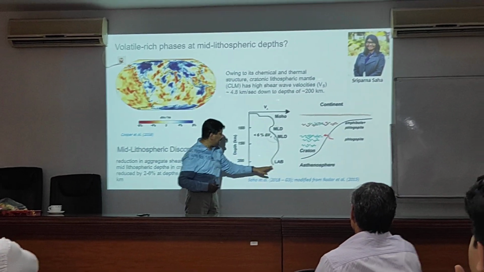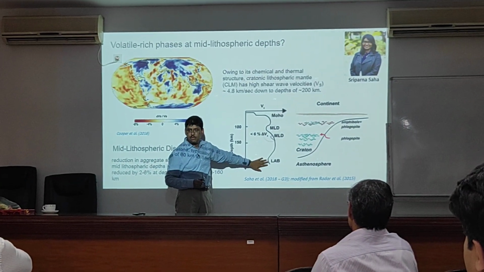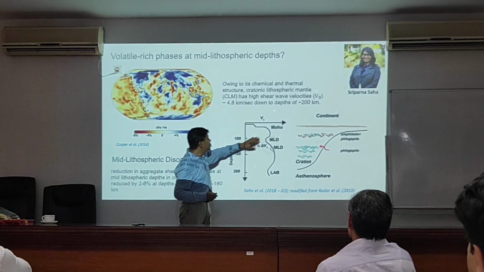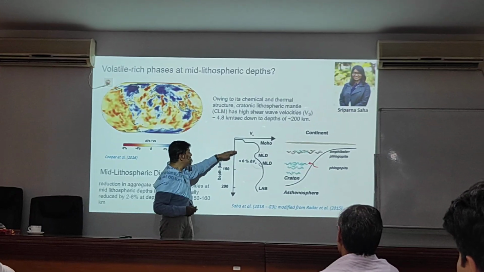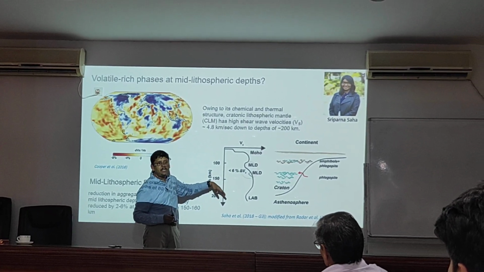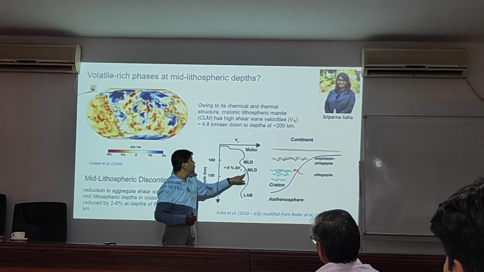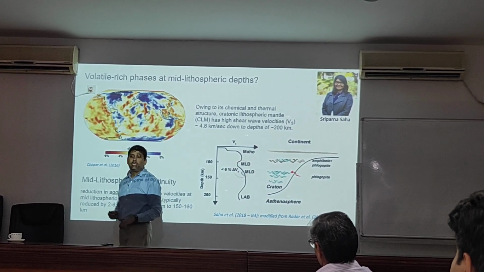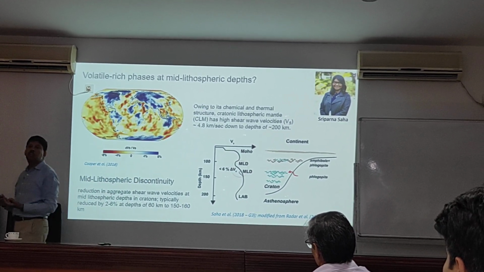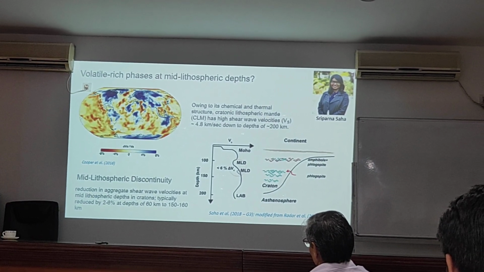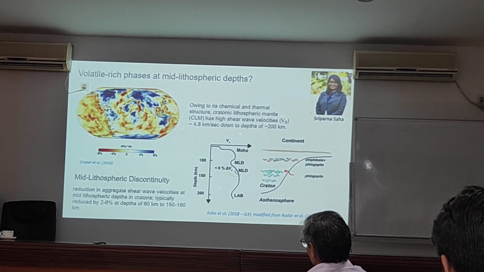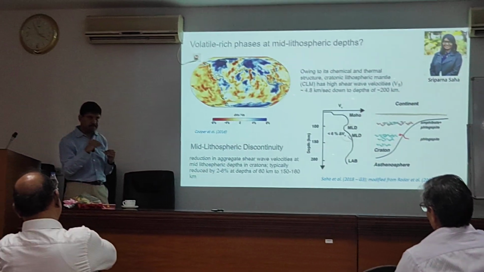There is another dip at greater depth which they interpret to be the lithosphere-asthenosphere boundary. But at mid-lithospheric depth, somewhere between 80 to around 150 kilometers or so, they see another small dip in Vs, which they interpret as the mid-lithospheric discontinuity, meaning some process that's causing the Vs to be lower.